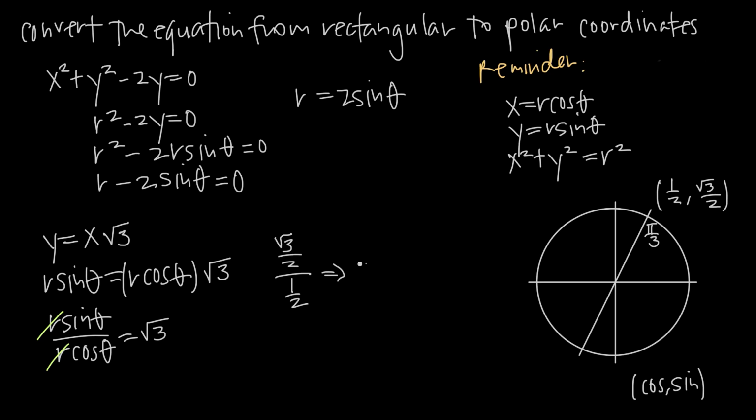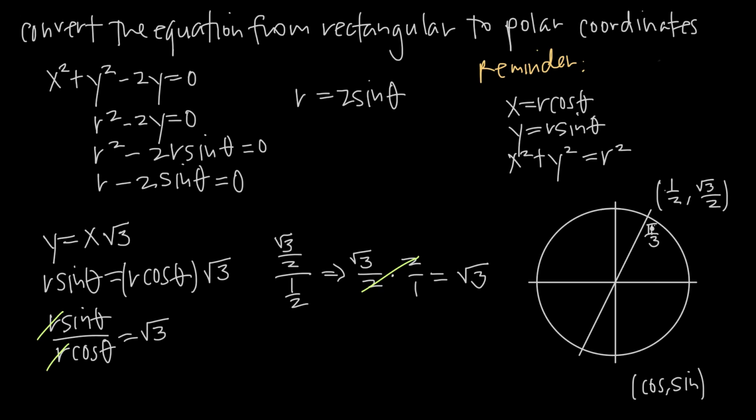Well, that's the same thing as root 3 over 2 multiplied by, here we take the reciprocal of the denominator and we get 2 over 1. Then we cancel 2 from the numerator and the denominator, and the result is root 3 over 1, or just root 3, and that is the value that we want. So we know that this coordinate point satisfies the equation.